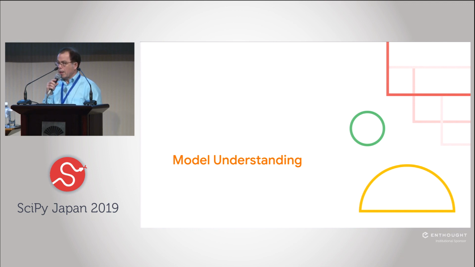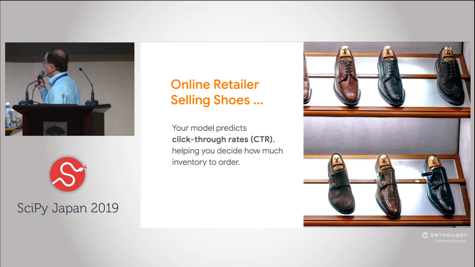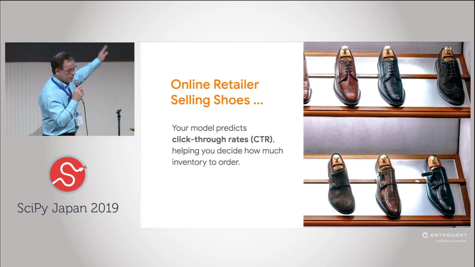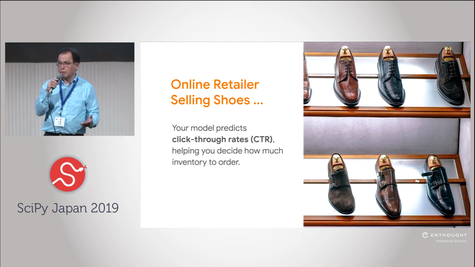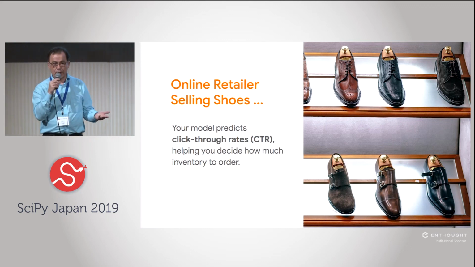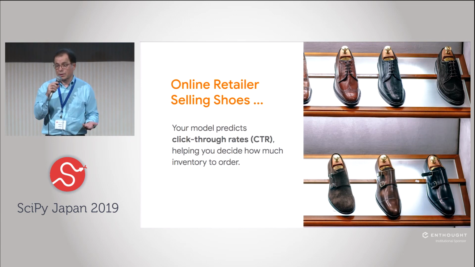So I'm going to look at an example of model understanding here. I moved over that fairly quickly. We have an example with a user, and this is hypothetical, who is selling online retail, and they're using their machine learning to try to help them understand click-through rates because they want to understand how much inventory to order.